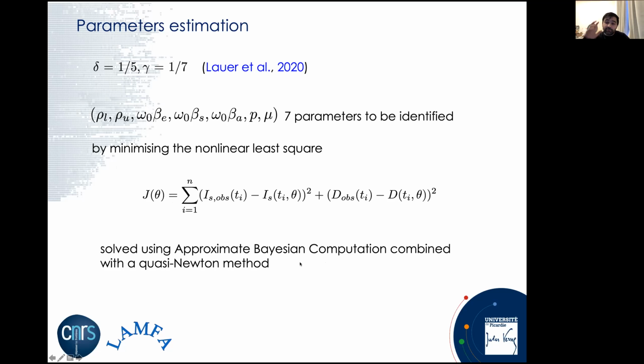Approximate Bayesian means you will use a lot of paths, and then you compute the minimum, and then you select from all your paths the minima which are within your criteria. So it means you don't have only one minimum. You have several local minima.